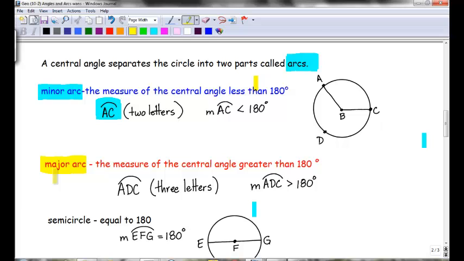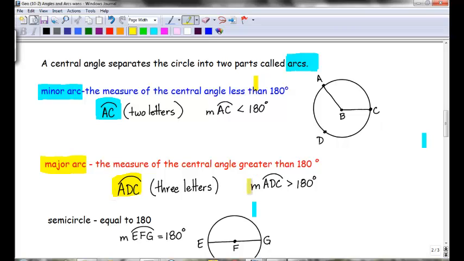It still has to be a central angle. And for a major arc greater than 180, you use 3 letters. So if they're giving you 3 letters in an arc, you already know the angle's bigger than 180. If they only give you 2 letters, you know it's less than 180. Okay?